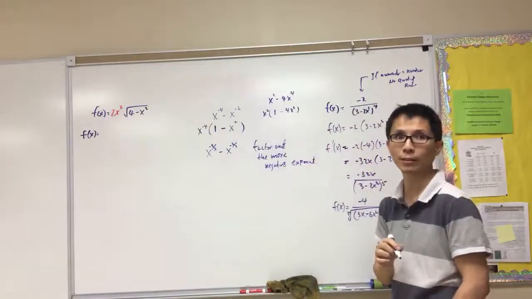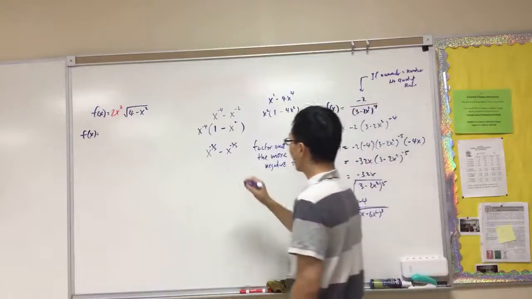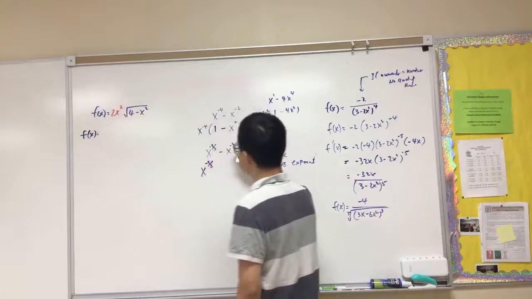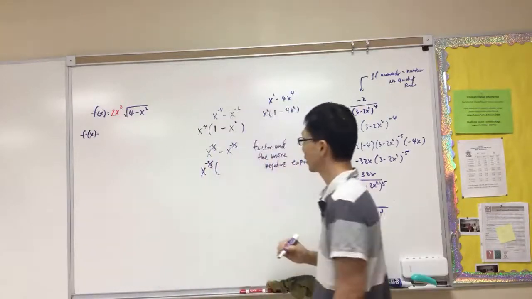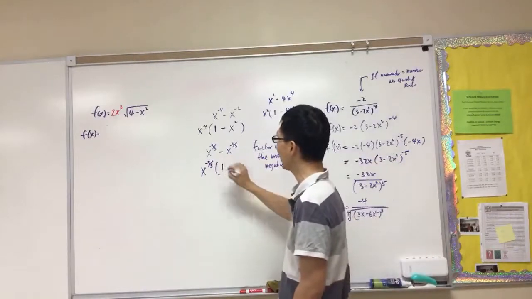But which one is it in this case? 5/3, so it'll be x to the -5/3. This one's more negative than this one, right? And now what I'm going to get here is 1.